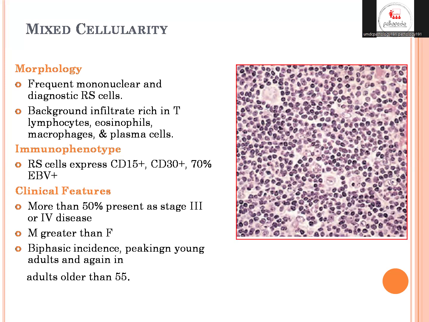The clinical features include that more than 50% present with stage 3 and stage 4 disease. Males are more predisposed than females, with a biphasic incidence peaking in young adults and again in adults older than 55 years.